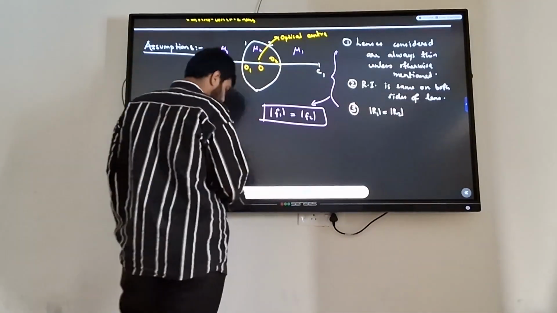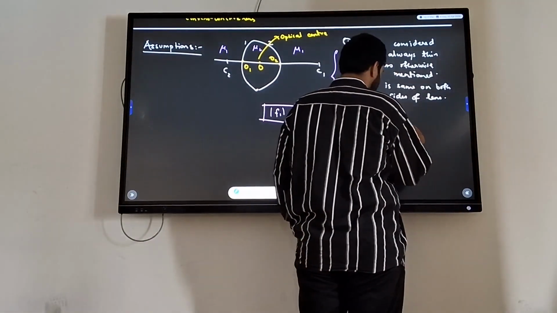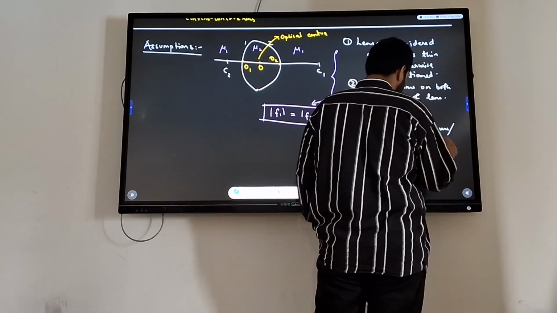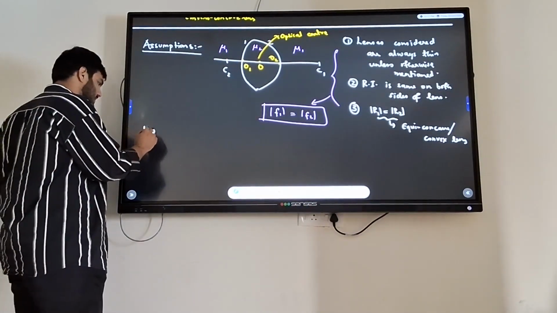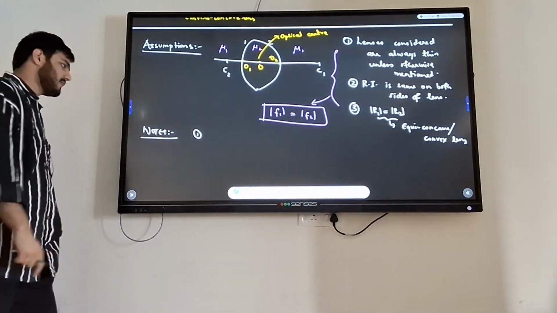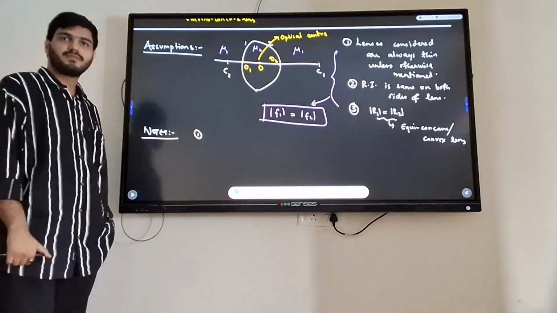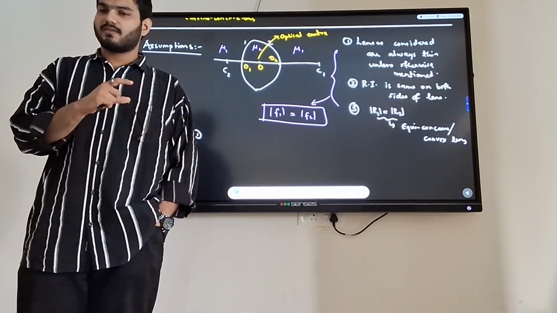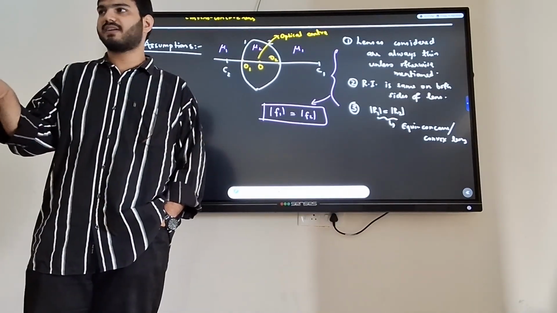Now some notes. This is the definition of equi concave or convex. The first note is that, what was F2? How is F2 defined to be? When rays are coming from infinity, where do they meet? They meet at F2. That is the definition of F2.